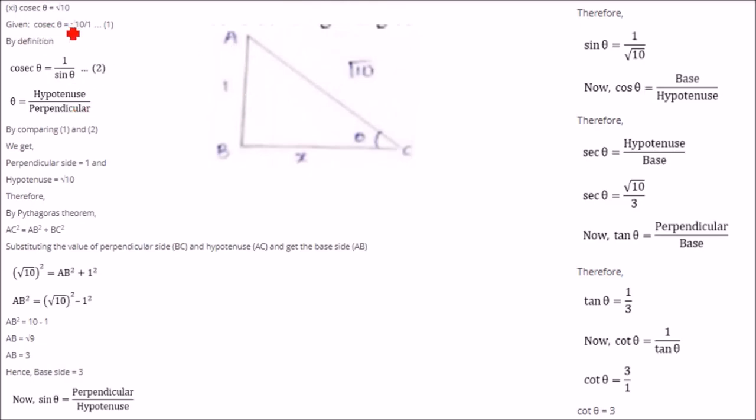Okay. Now cosec theta is under root 10. Let me write that again. Pandit Badri Prasad Har Har Bol, like this. Okay. Cosec theta is given as root 10.